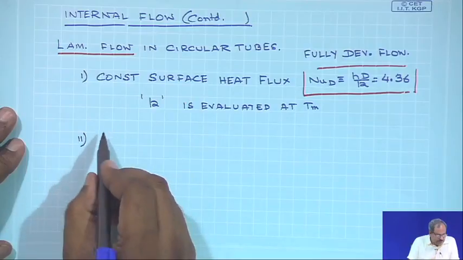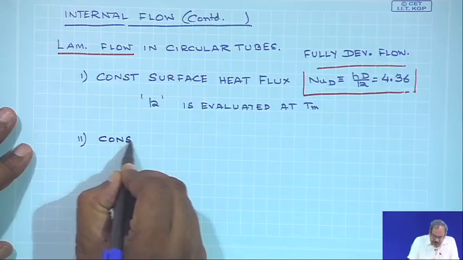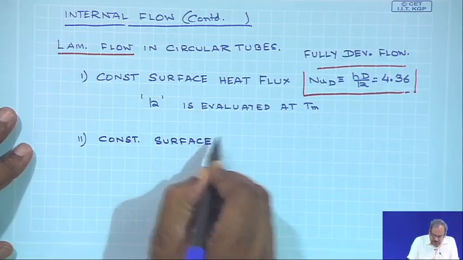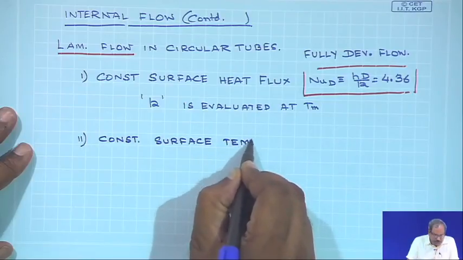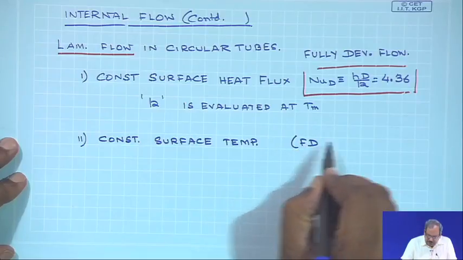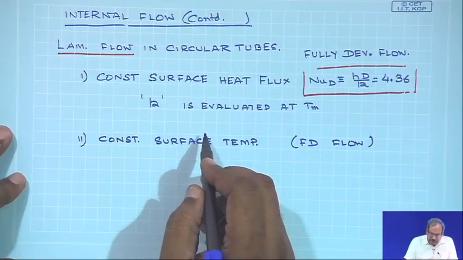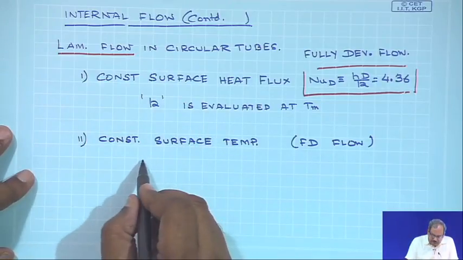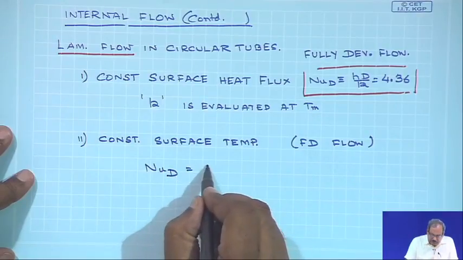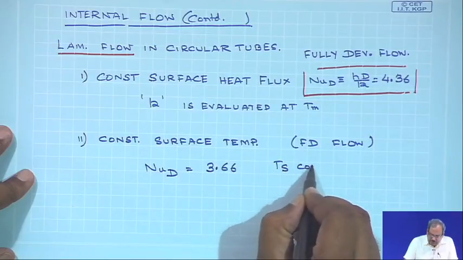The second one, as I said, is the constant surface temperature case, and this is also the case of fully developed flow, thermally fully developed flow, and following a similar type of analysis which I will not do in this class, the Nusselt number based on the diameter of the tube turns out to be 3.66, and in this case Ts is a constant.